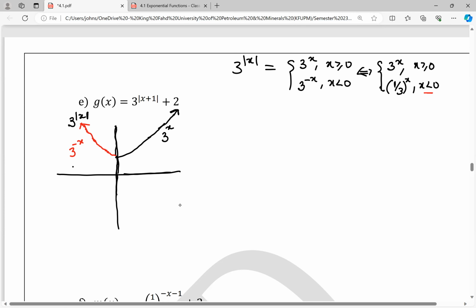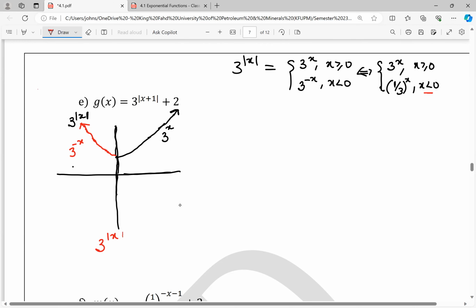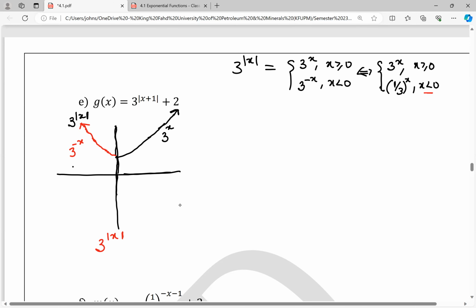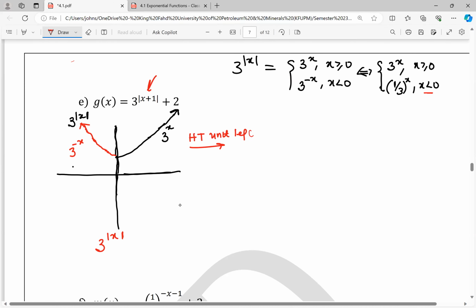The two together give us the graph of 3^|x|. Now, because of this plus 1, you need to move everything 1 unit to the left. So what we're going to do now is a horizontal translation 1 unit left.